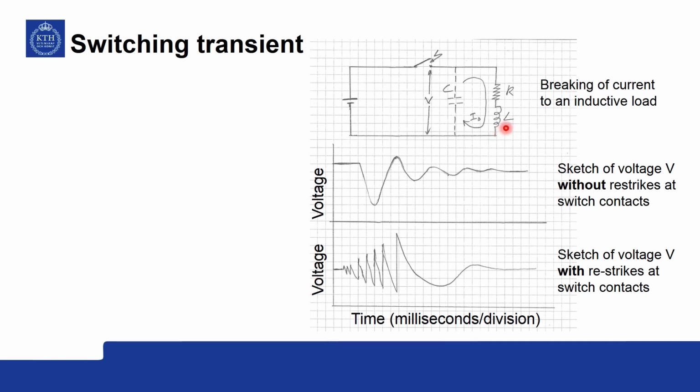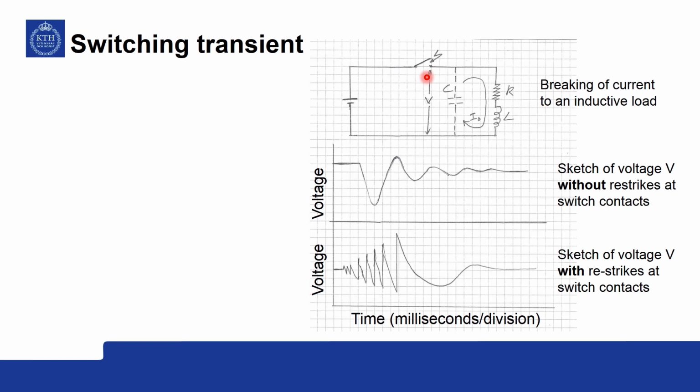So, the inductance of the load and the parasitic capacitance together can form a resonating circuit. This, coupled with the breaking and closing of the switch, can create noise. Say for example, across the switch you have a potential difference, and when the switch is opened, this potential difference will sometimes create an arc.